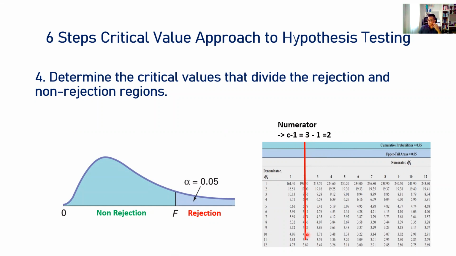For the denominator, we use the formula n minus c. n is the total number of respondents, 15, minus the number of groups, 3, which is 12. We locate the value in the 12th row, and we have 3.89. This will be the F critical value.